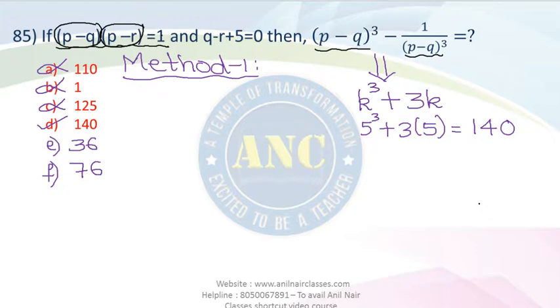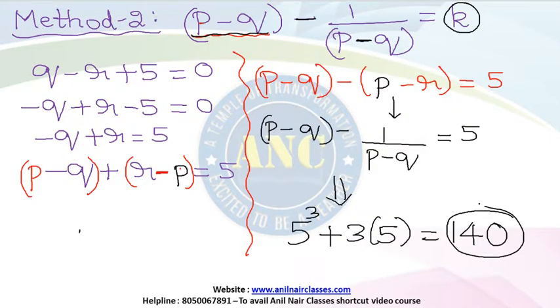But as I told you, method 1 is the best method to be implemented in this question for the given options. But what if I have more than one option which is of the form k cube plus 3k? This method 2 will play a very handy role in getting the answer in the easiest way possible, and you should know how to manipulate the given equation according to our requirements, and then only you can solve it very easily.